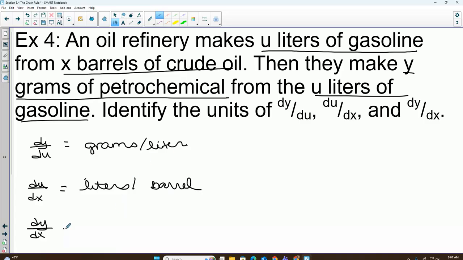Grams per barrel, because y is in grams and x is in barrels. So as we interpret derivatives, units are important. Think of it as just your rate of change, something per something. Any questions there?